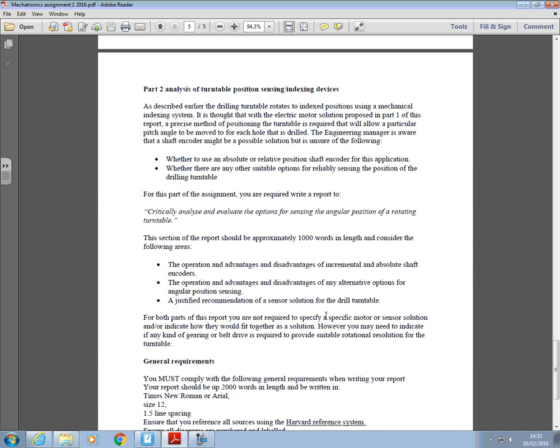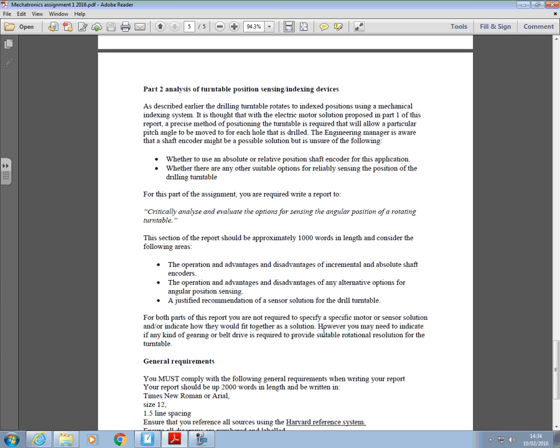Part 2. As described earlier, the turntable rotates to an index position using a mechanical indexing system. It's thought that with the electric motor solution proposed in part 1 of this report, a precise method of positioning the turntable is required that will allow a particular pitch angle to be moved for each hole that's drilled.